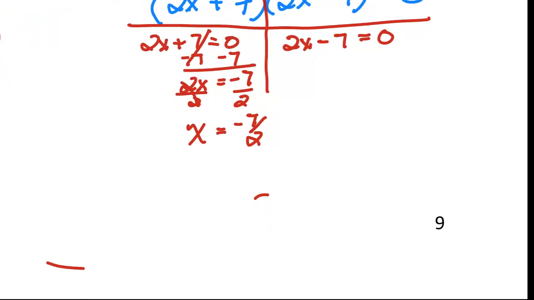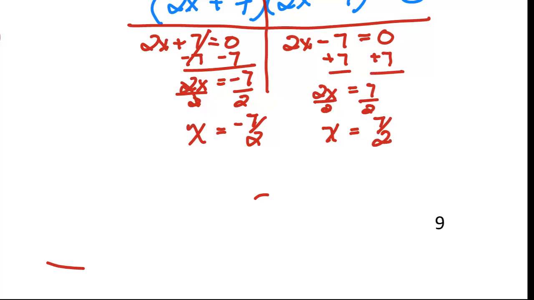I know you guys love changing that stuff to decimals, but it's okay. And over here, let's add 7 to get the x by itself. We got 2x equals positive 7. Divide by 2, divide by 2. X is equal to 7 halves. Now, in case you're wondering, 6 halves would be 3, right? 8 halves is going to be 4.